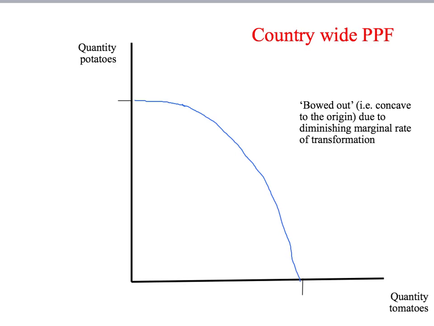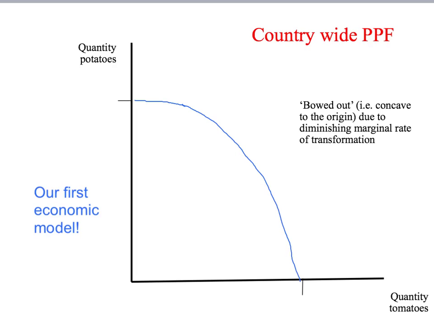So the countrywide production possibilities frontier is bowed out, or we sometimes say concave to the origin, and that again just reflects diminishing marginal rate of transformation or increasing opportunity cost of tomatoes for the country as a whole.